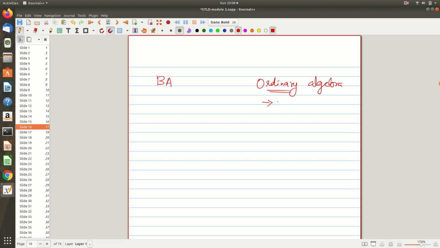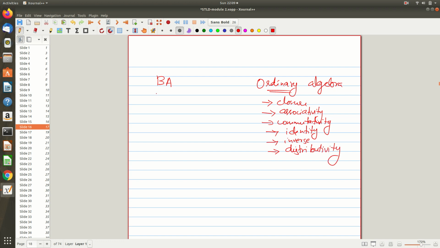We started with the closure property, then we moved on to associativity, then the concept of commutativity. This is something we discussed in detail in the previous part, and then the existence of an identity element for the entire set and the existence of inverse for each and every element in the set. And there is one more thing, distributivity. That also was given a general interpretation.